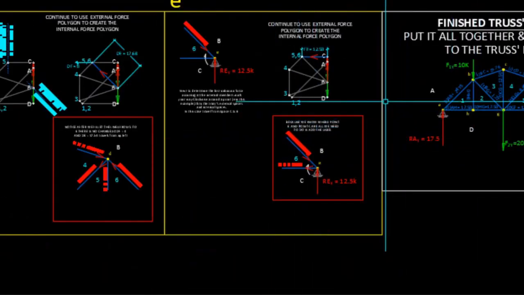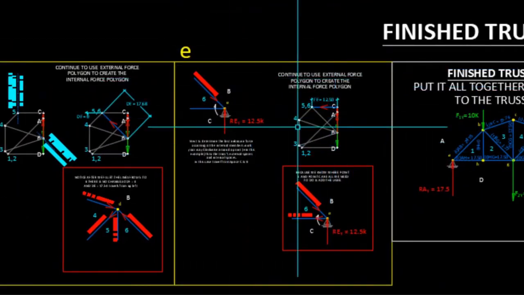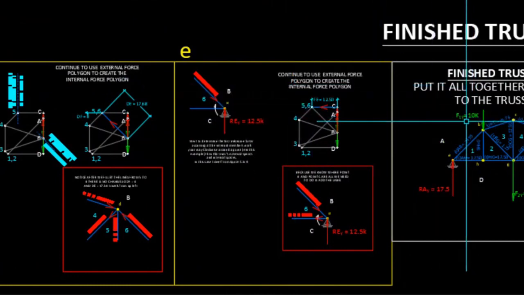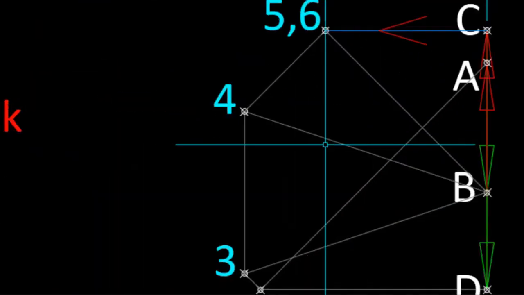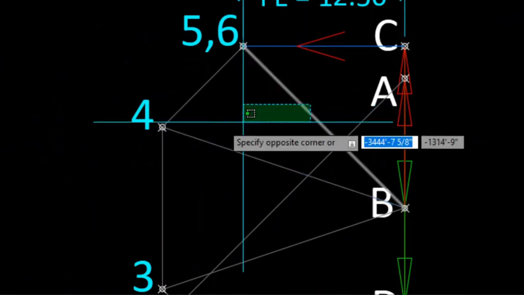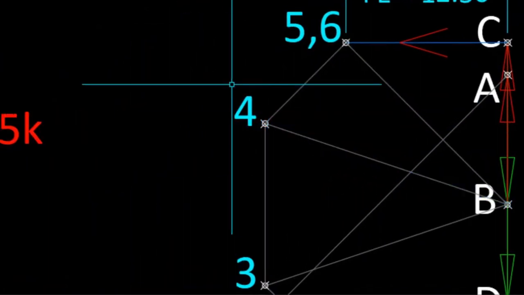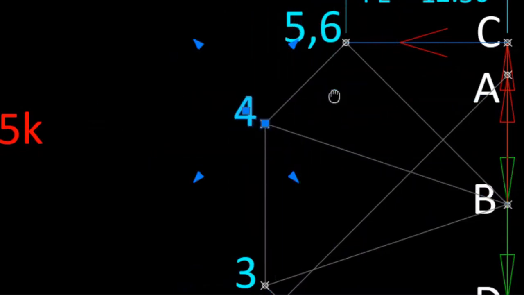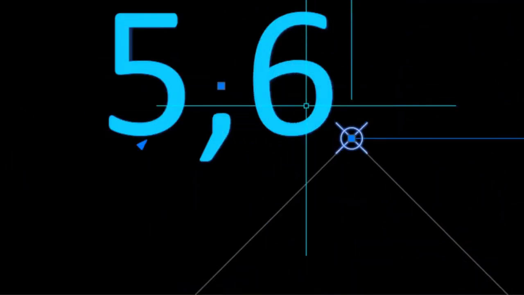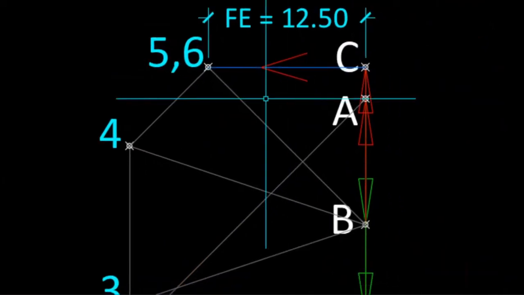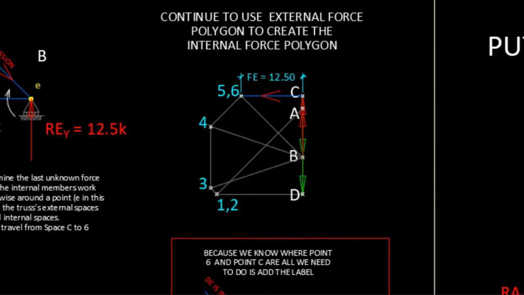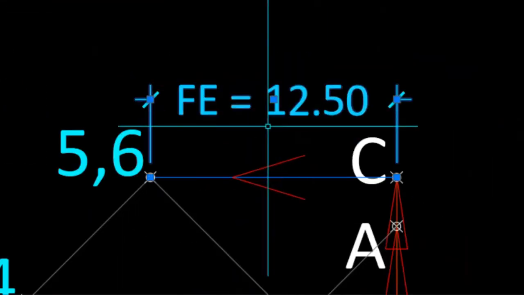Once we have found all the forces in the internal members, we're going to end up with a polygon that has a pretty odd shape, okay? So I recommend you keep track of your point labels and space labels, okay? Add your dimensions accordingly.